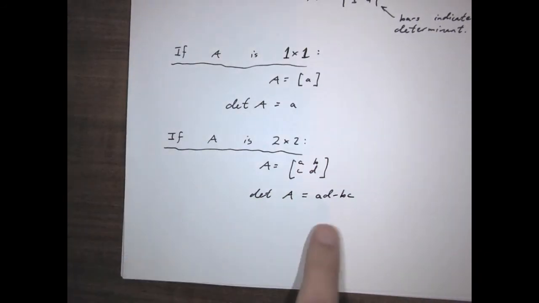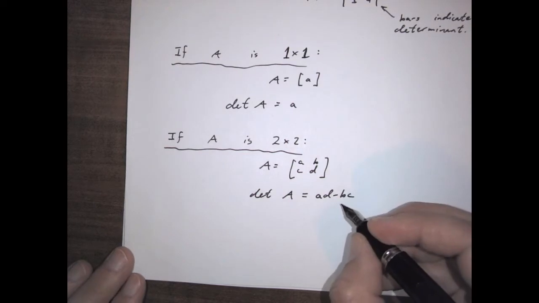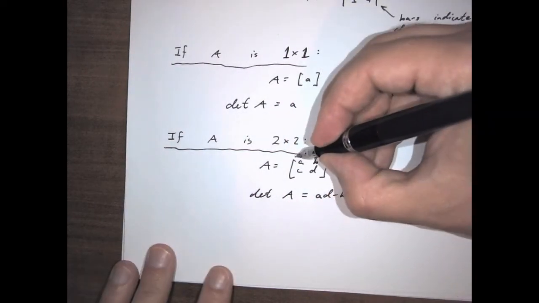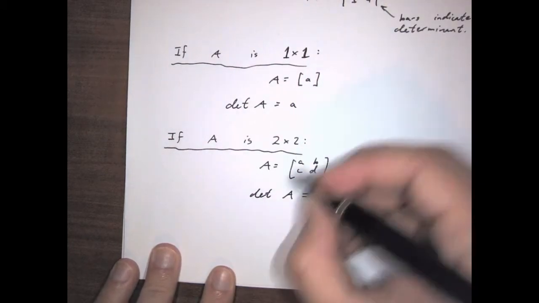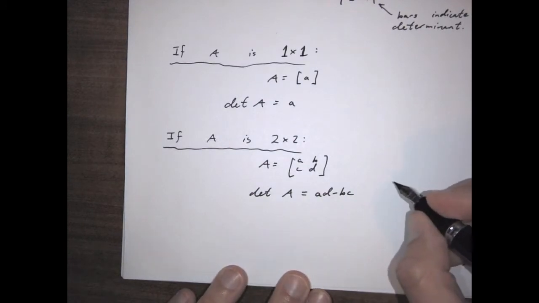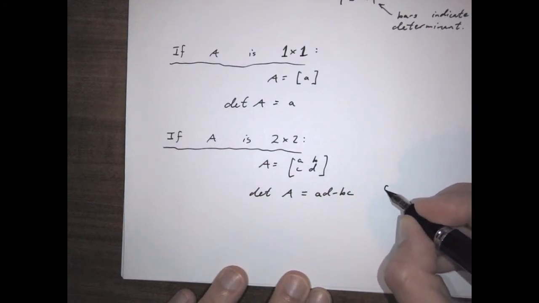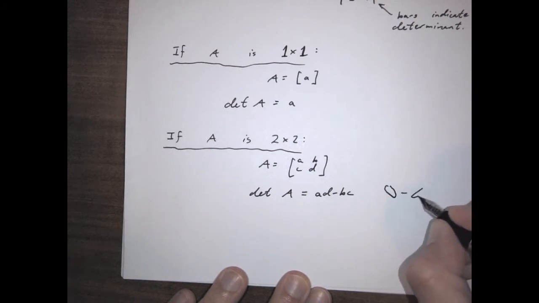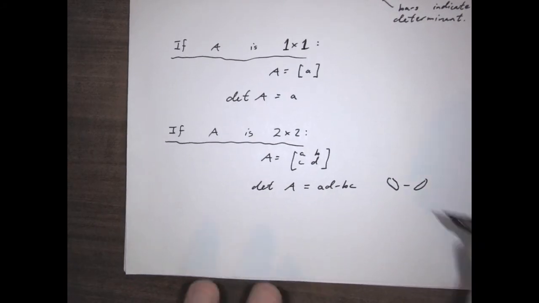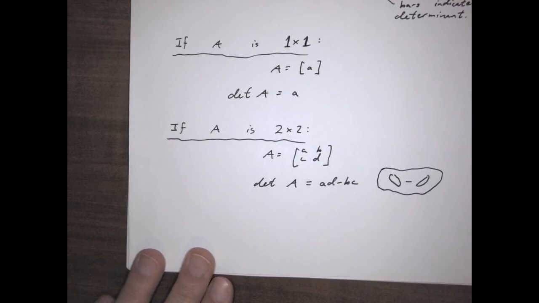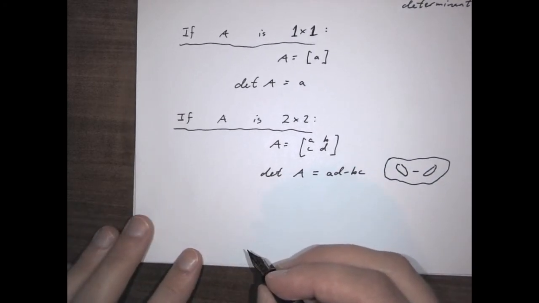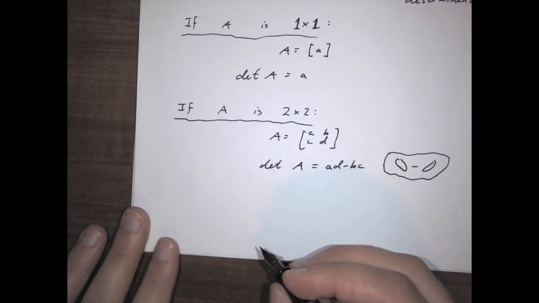Now we've already seen this particular expression before, back when we were talking about the inverse of a 2 by 2 matrix, and this is the determinant. It's basically downward along the main diagonal minus the skew diagonal. So it's ad minus bc. So that's just like a little legend.